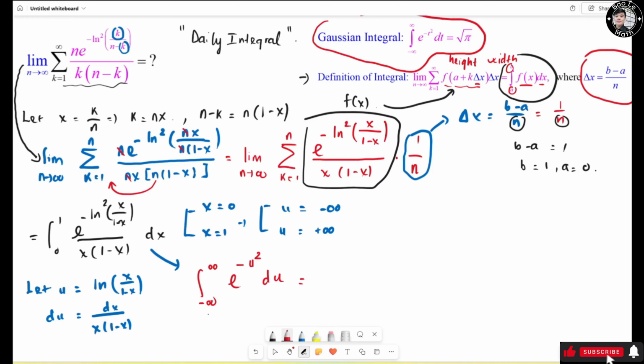It's going to be the square root of pi. Now if you want to learn how to prove the Gaussian integral, please check out the link in the description below.